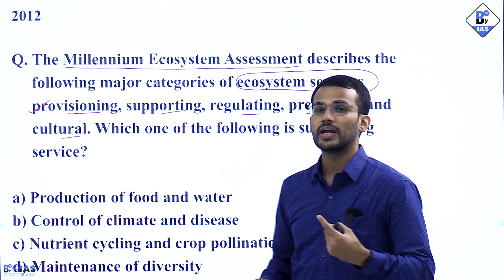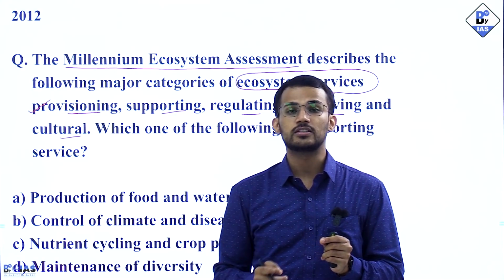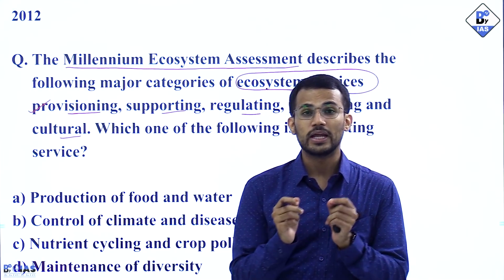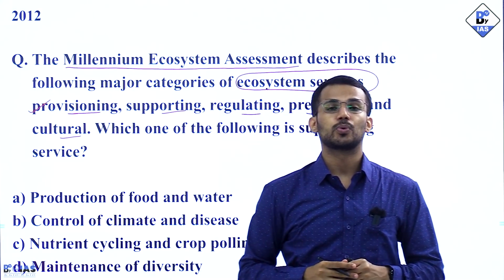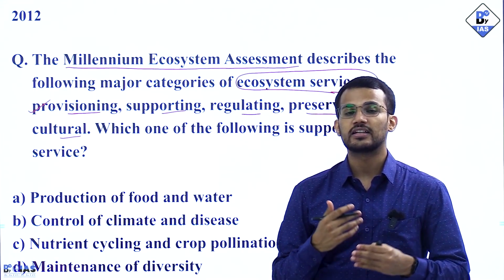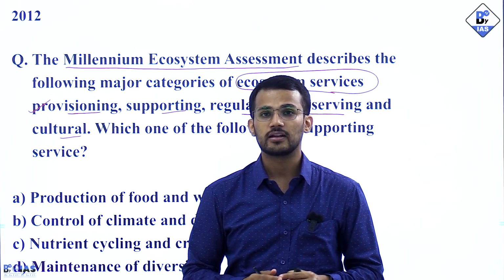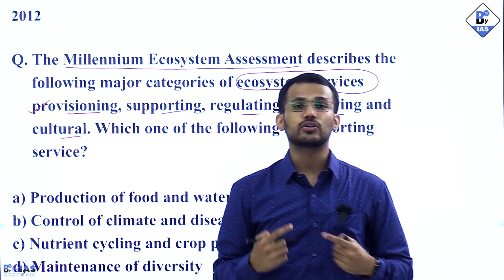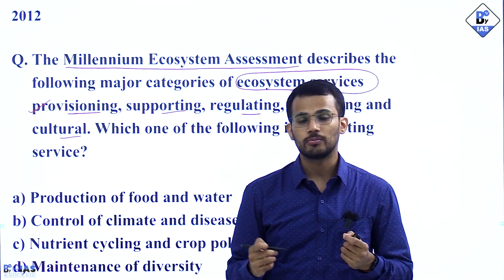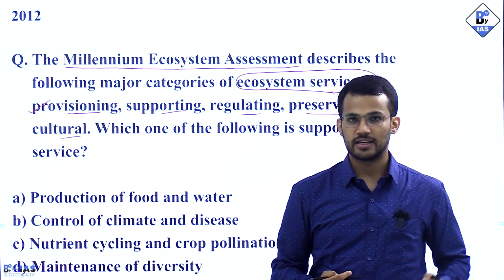Third is regulating services. Regulating services are those which regulate the various components of the ecosystem. For example, air. If there is an increase in the concentration of pollutants in air, then there is a natural mechanism in the environment which will lead to cleaning up of that air.